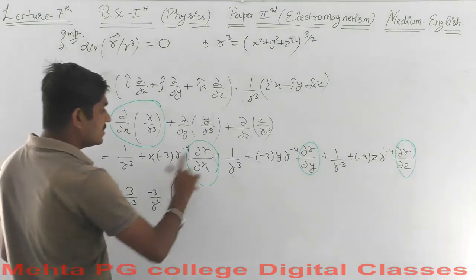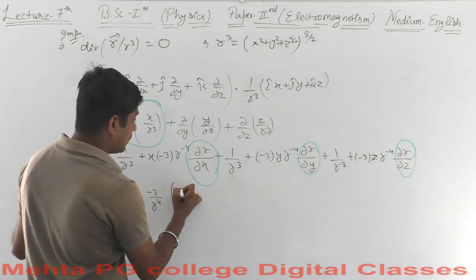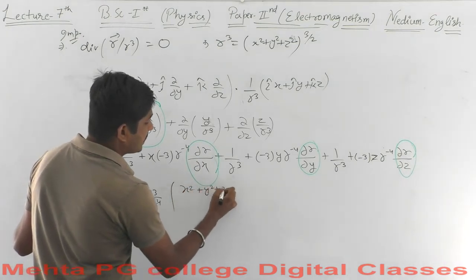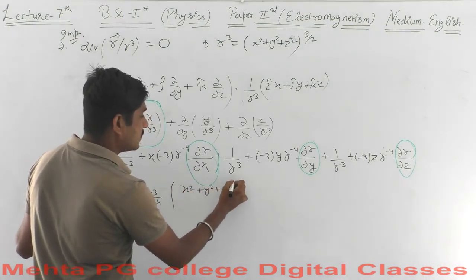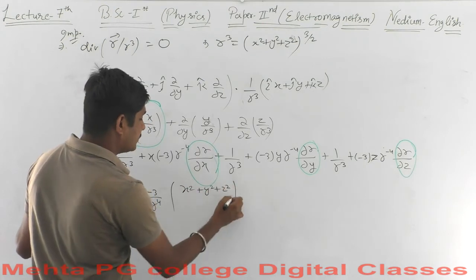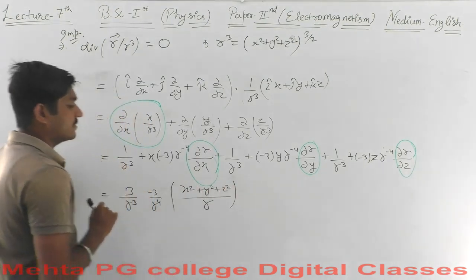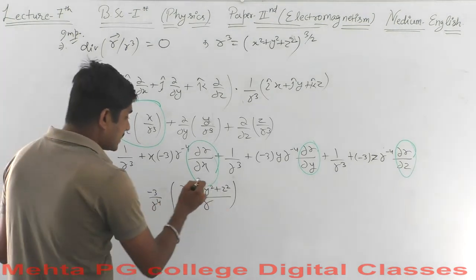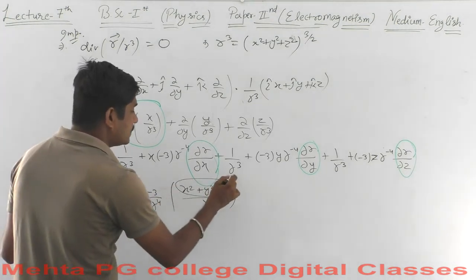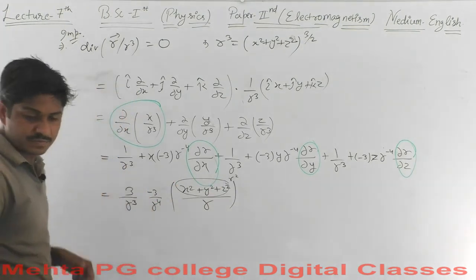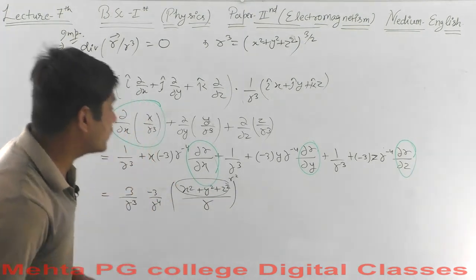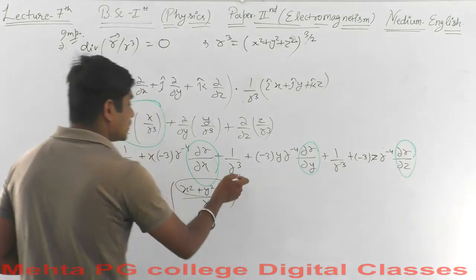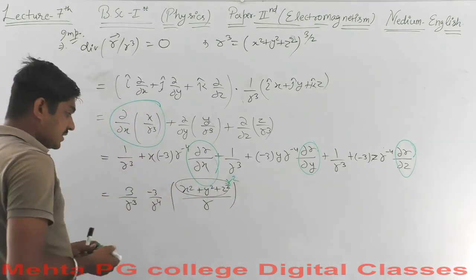Okay, this is common. So what remains here is x square plus y square plus z square over r. Okay, this value again approaches r square.